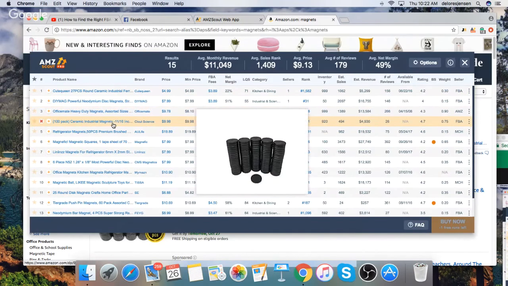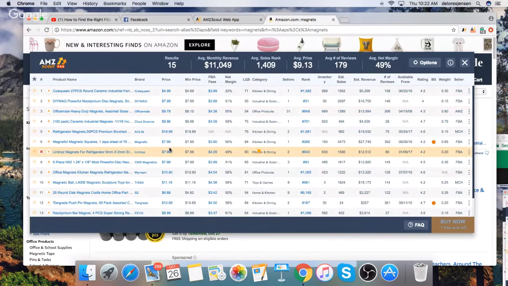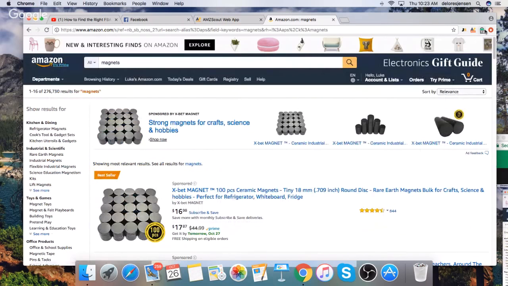This guy's getting 920 sales with these industrial magnets, but I wouldn't recommend this product because of the price point. It is $7.99, $10, pretty low. I'd want to find out what this guy's selling. Okay, he's selling for $20. That's room to make a profit there. But 50 pieces.